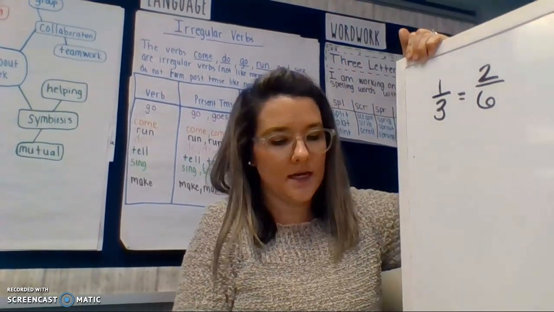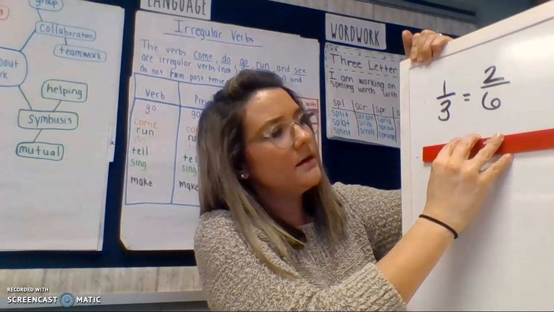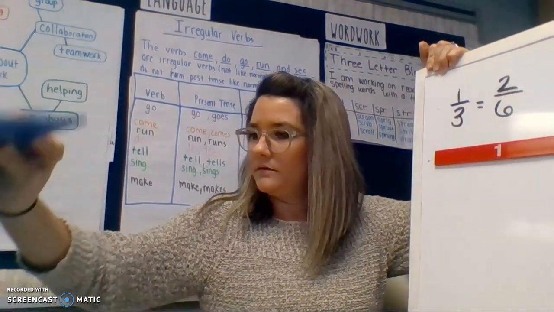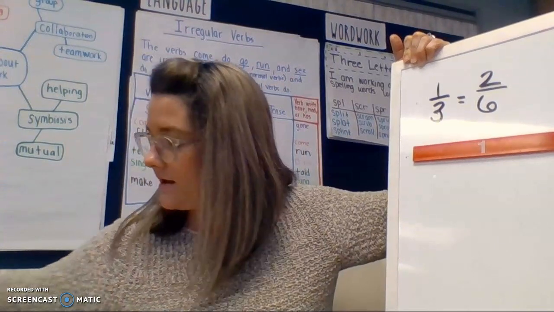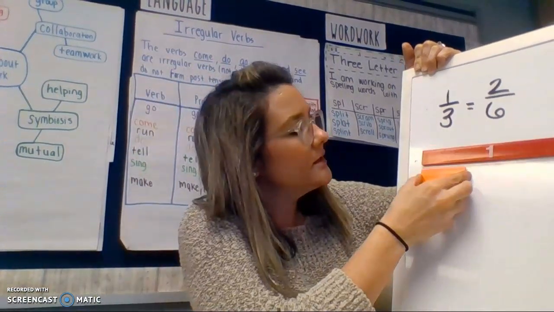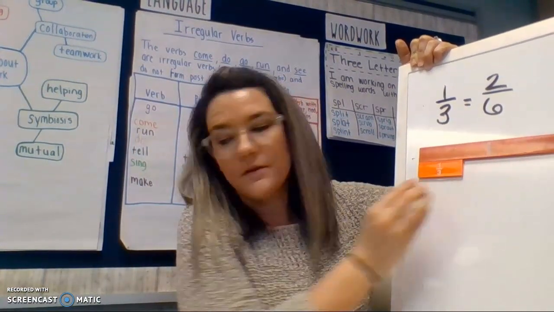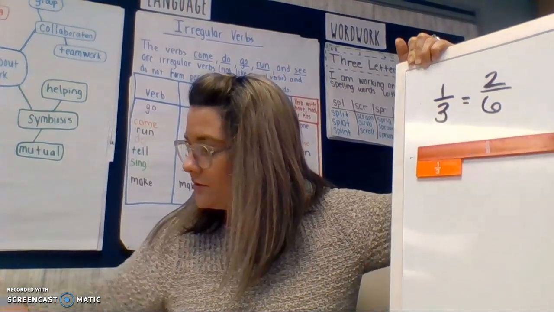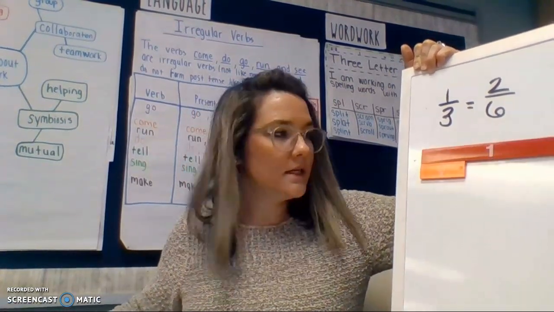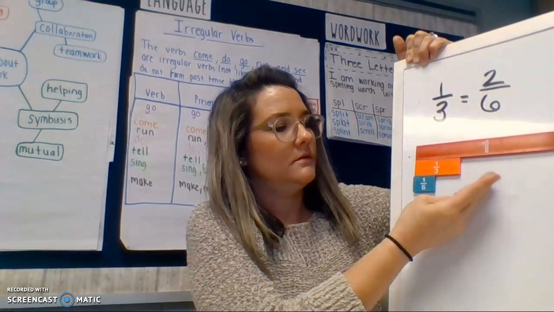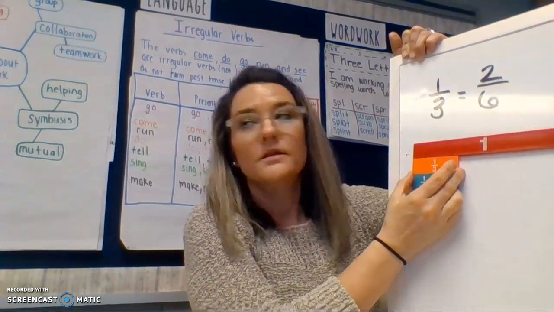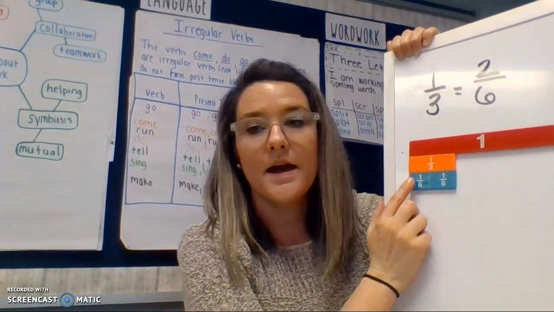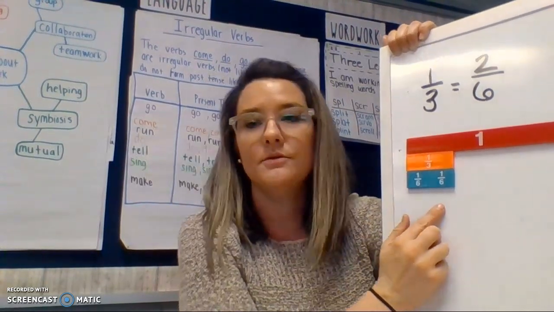Okay. So again, I have my whole up here, and I have my 1/3 of the whole there, and 2/6. Okay, so it looks like we have 1/3 and 2/6.